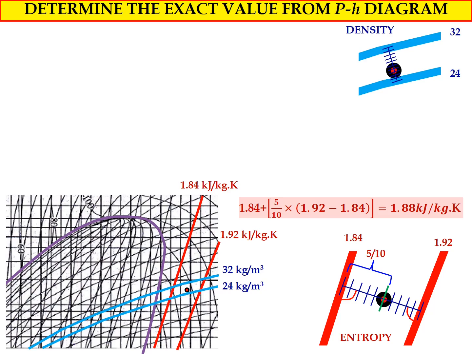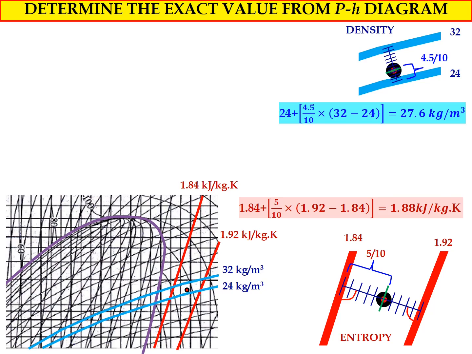Let's say we divide the line by 10, so we'll get 10 minor scale lines as shown in this diagram, and then identify the location of the intersection point and determine the number of scale involved to the intersection point. So we have here 4.5 out of 10.